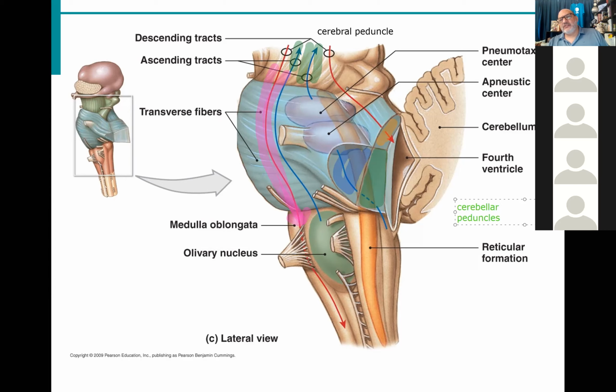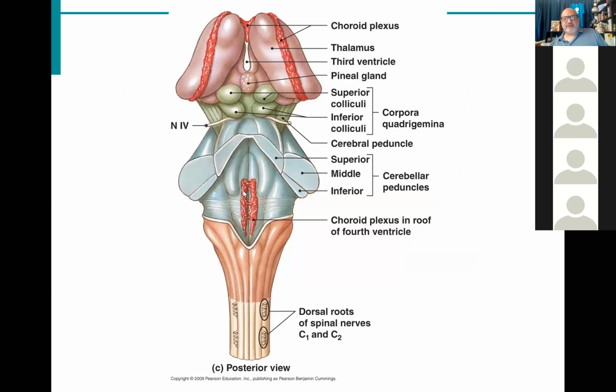The biggest, the largest, and therefore the one that is most important to us is the middle cerebellar peduncle. Here we go. Notice there is a superior, there is an inferior, but it is the middle cerebellar peduncle which is the largest, and the easiest to see and identify, and the one you will be responsible for on the exam.